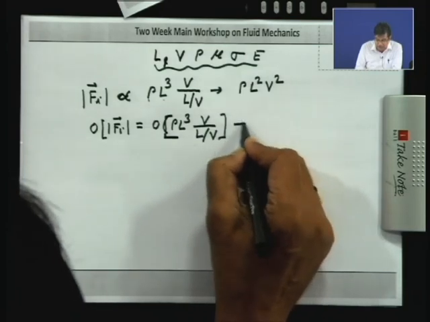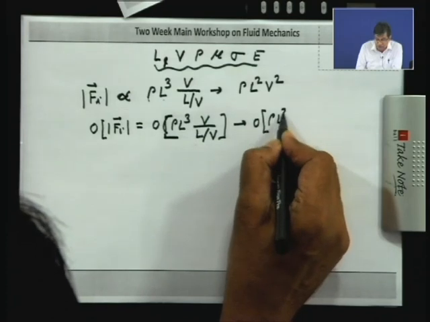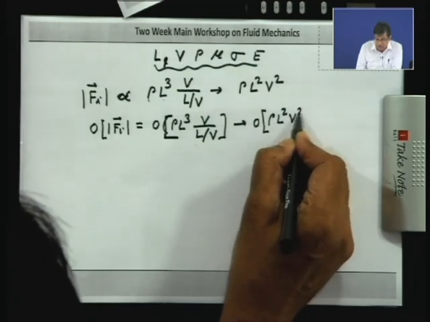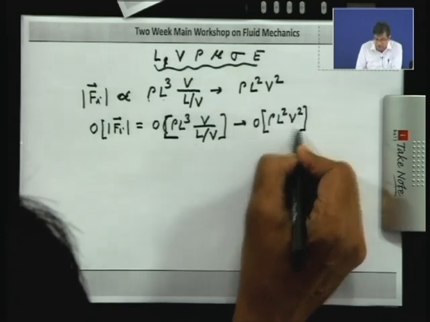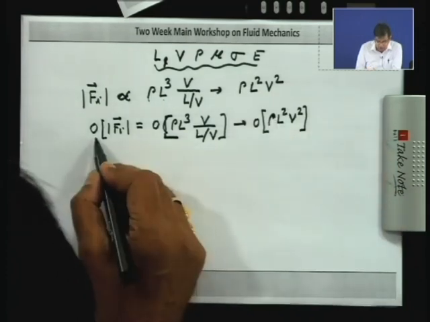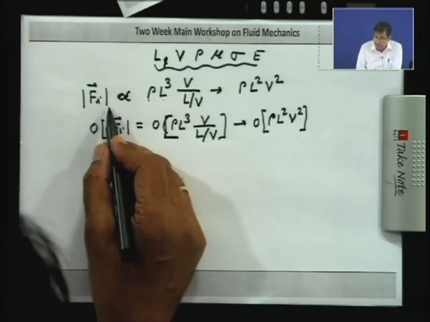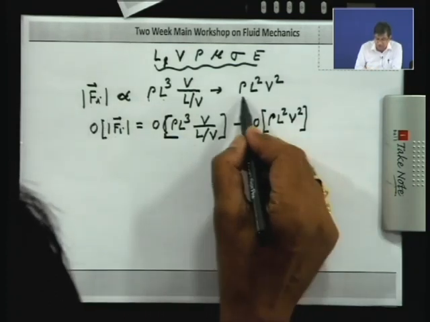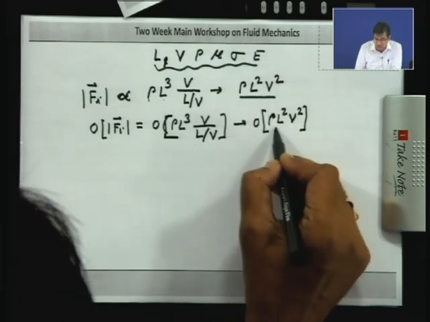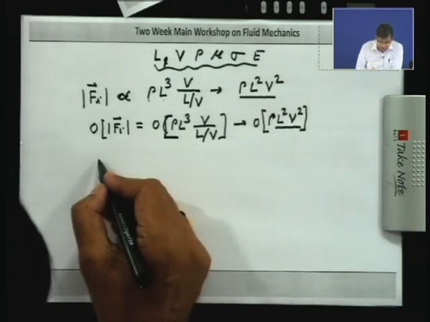So in terms of the characteristic length of a system or problem, the characteristic velocity and the density of the fluid, the representative magnitude of the inertia force becomes rho L square V square. Clear?